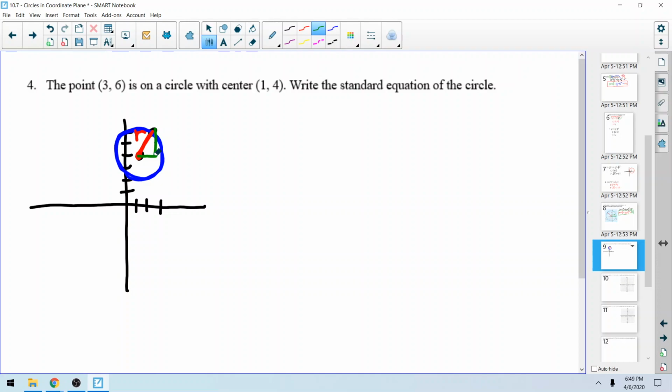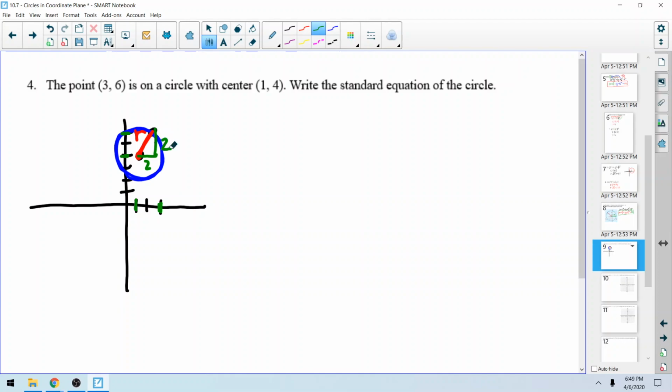Then you're going to count the distance on the bottom horizontal part. Well, that goes from here to here, which is 2. Then you're going to find the distance going up from here to here, which is also 2.